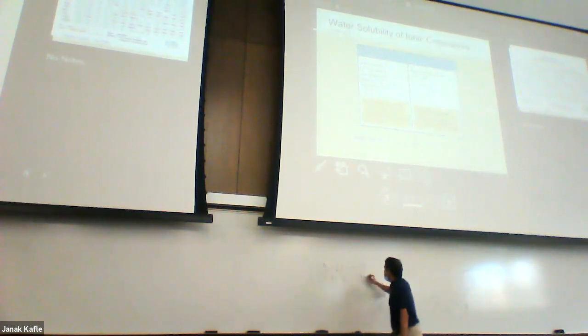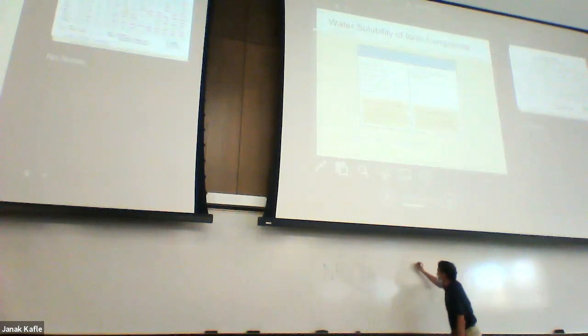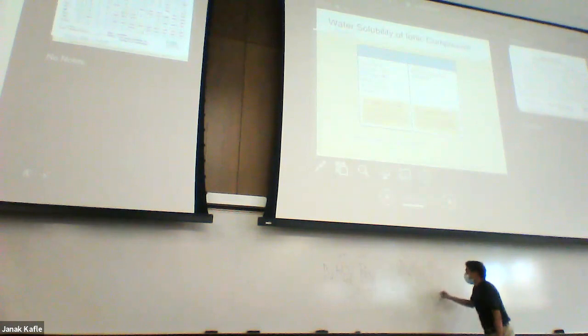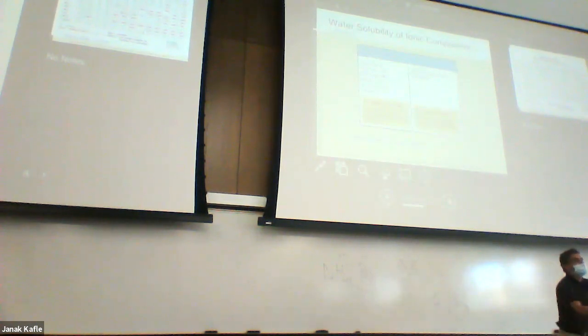This one has a -3, this one has a +1, so the compound is (NH4)3PO4. This compound is soluble in water. Make sense? If you see ammonium sitting with any of these, soluble.